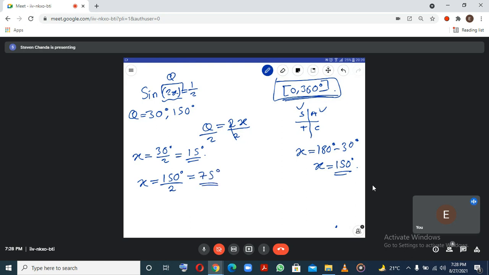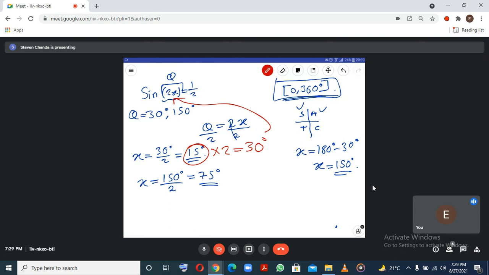To think of it in a logical manner, what we've done is basically telling you that if you get this x, 15, and you multiply it by 2, it becomes 30. Then you plug it into sine 30, you get half. I hope you've gotten the point.